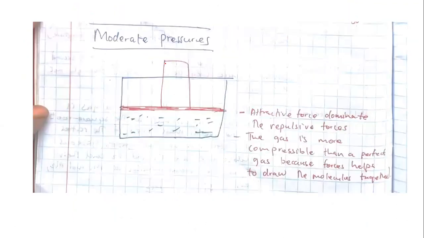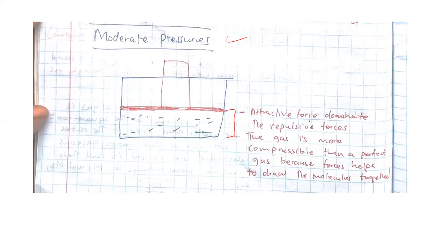Now, here we have moderate pressures. Okay, the pressure and the volume, it's like 50-50, this side of the volume, this side of the volume. So here we have the moderate pressure, that means we have the moderate volume. If pressure is high, the volume will be low, but a little bit, you understand? Not high, low, no. It's moderate, it's balanced, kind of. So what's happening with these gaseous molecules if you have the moderate pressures?